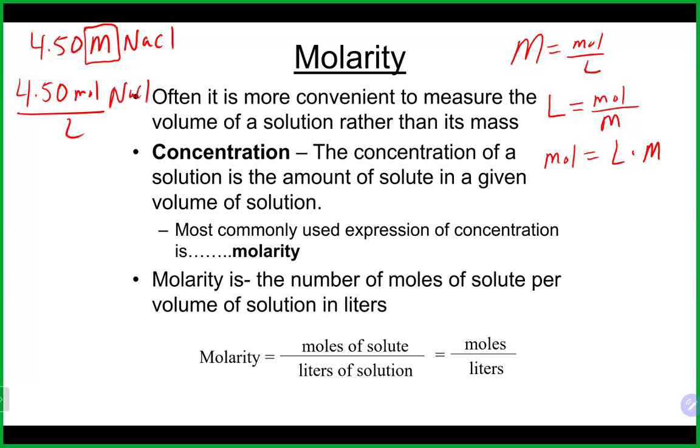The number always stays with the moles part, and the liter is always 1 liter. So it's always 1 liter for the bottom part, and the number should always be with the moles. The reason you should take a dimensional analysis approach and get rid of the big M is that when people do not do that, most of the time nobody has a clue about the volume part at all, like where the liters is, is it on top, is it on bottom? Should I divide? Should I multiply? And they usually will do it wrong. And the second most common thing is they have no clue that liters is even there.